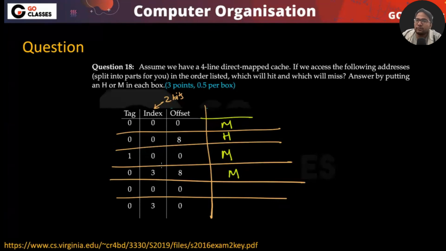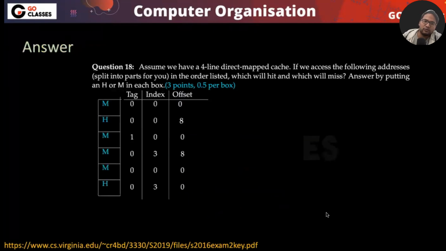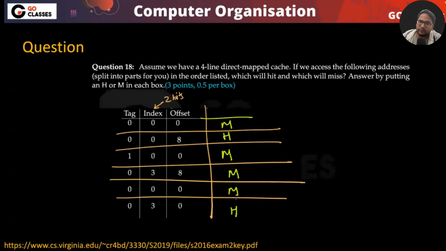You are going to line number 0, but currently it has tag 1, because the latest you have updated the data. So that's why it will again be a miss. Now, hit or miss? This is a hit, right? So miss, hit, miss, miss, miss, hit. Yeah, that's the correct answer.